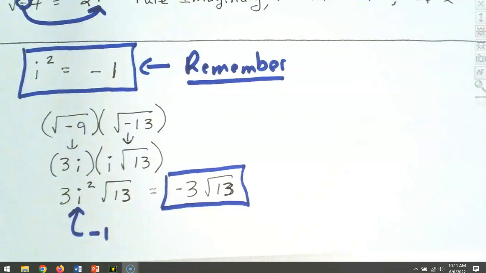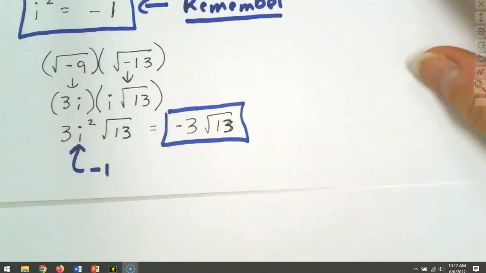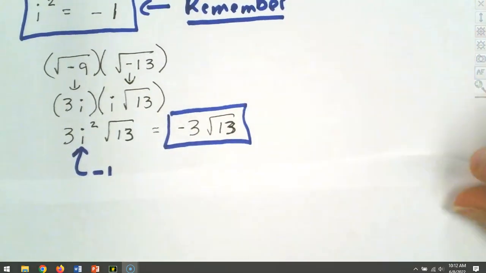And that's the only place where students sometimes get confused, is you have to remember the i's multiply together. Now, everything out in front goes together. Everything underneath the root goes together. But you cannot multiply the 3 times the 13. They're separate. One's out in front, one's underneath the root. Let's try one where we've got to break it up, and then we'll look at division.